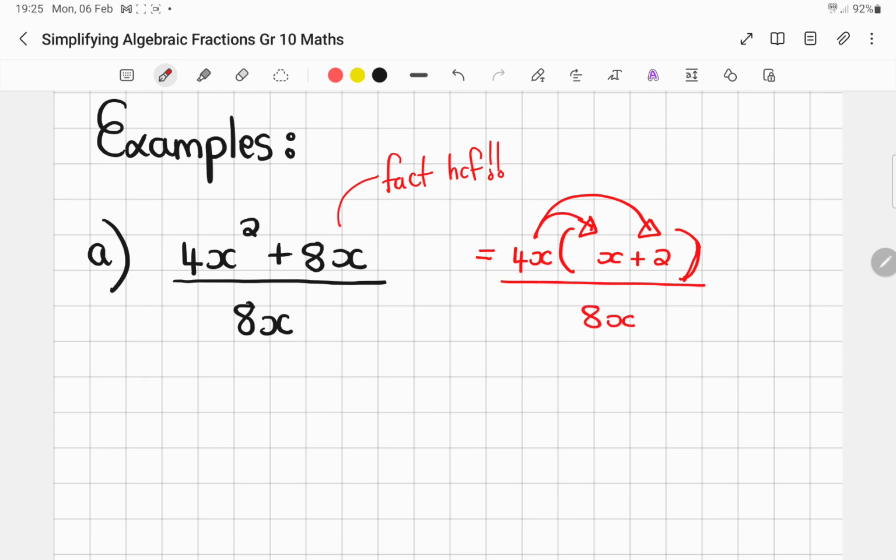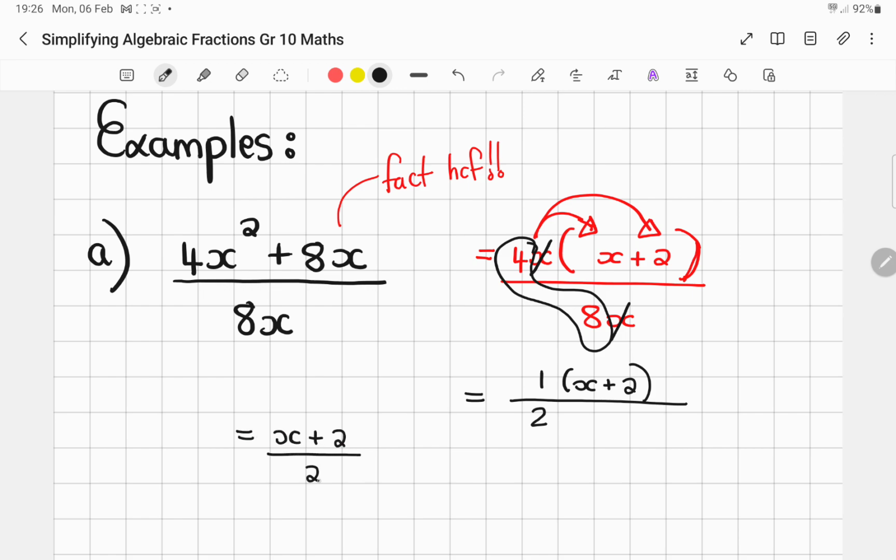So now you are more than welcome to go and cancel either two brackets that are the same or the numbers and x that is visible over there. You can see that the two x's can cancel out, and then 4 over 8 as a fraction simplified is 1 over 2. And what is left on top? x plus 2. And then just to clean it up nicely, x plus 2 over 2.